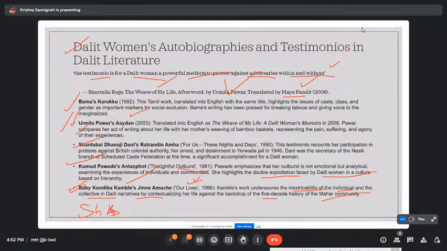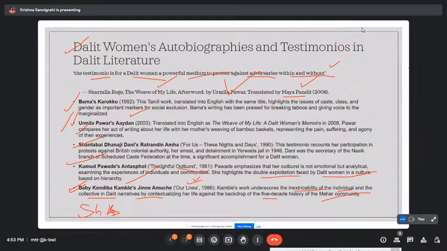So their work and the aesthetics, as I was saying, you can read about Dalit aesthetics, and a lot of research work is going on in this particular field related to Dalit literature, and specifically related to autobiographies by Dalit women writers. And their autobiographies are many a times termed as testimonials. Why testimonials? Testimonials because they are very, very true to the reality.